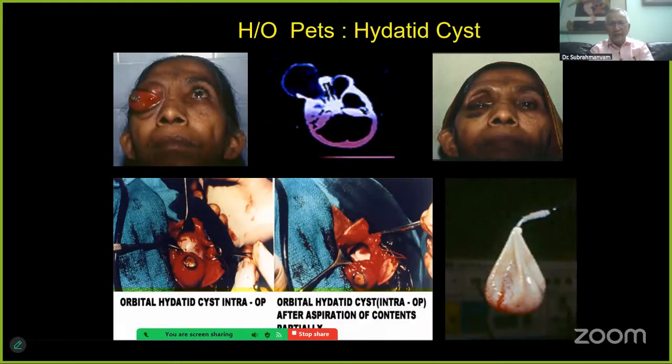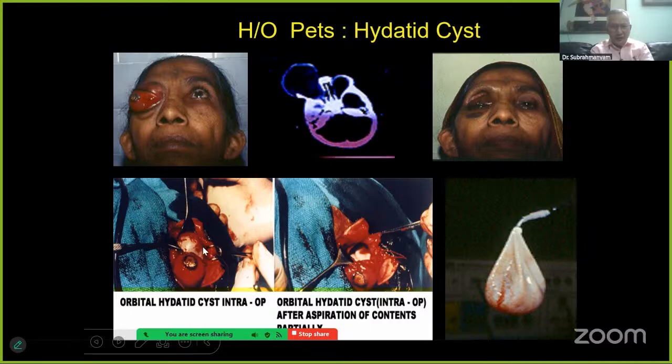Here is a patient with motility restriction, and in the history you have to ask about pets. It's a case of hydatid cyst with severe proptosis of 5 years duration, and the cornea is totally sloughed off, with a huge vascular leucoma and no PL.